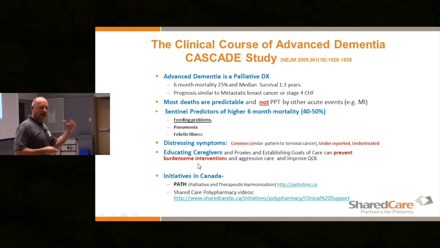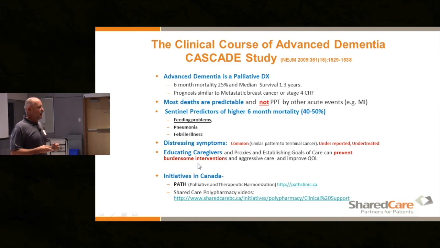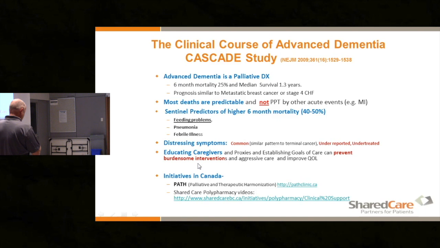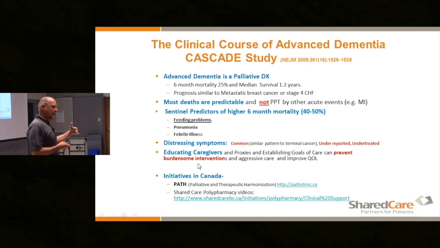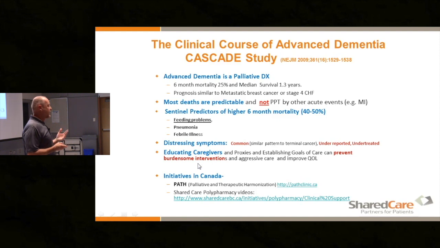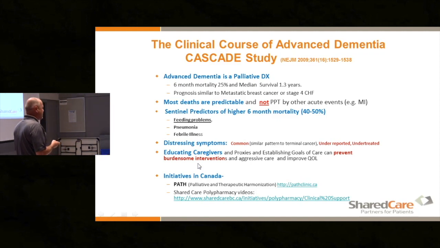And I don't know exactly what it is in the Victoria area, but I know that the time that people live, the mean, is actually around 18 months in care homes across British Columbia, and that's been repeated a number of times. And then people say, well, I have people who live 3 and 5 years, and certainly we'll have those people.